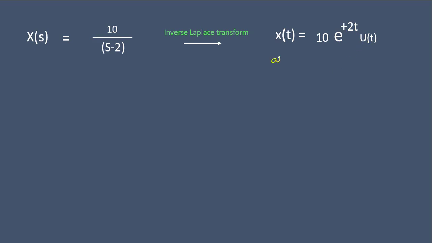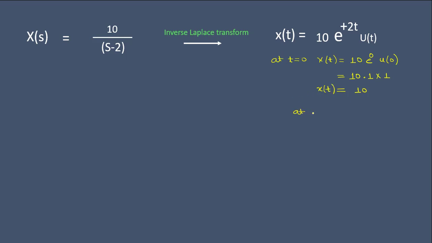Now let us find the value of x of t at t equals 0. x of t equals 10 e raised to 2 into 0, which is 0, into u of 0. So 10 as it is, e raised to 0 is 1, u of 0 is 1. So the value of x of t at t equals 0 will be 10.